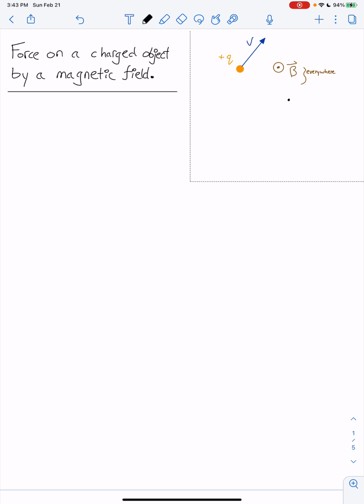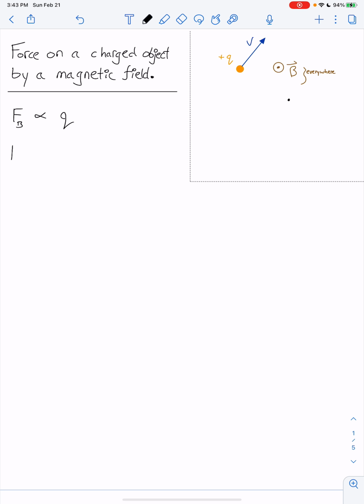Well, we can explore this experimentally and look at the results. If we want to know what happens to the force on that charged object by a magnetic field, let's change the charge on that object. What we find is if you make the charge bigger, you get a bigger force on it.